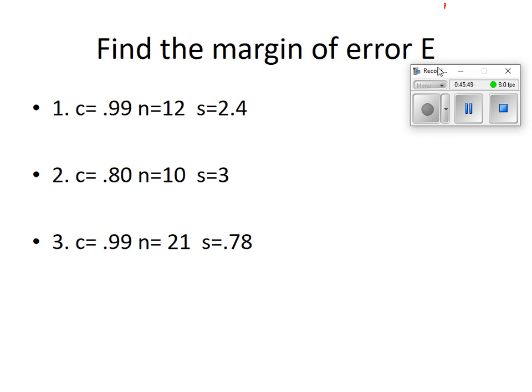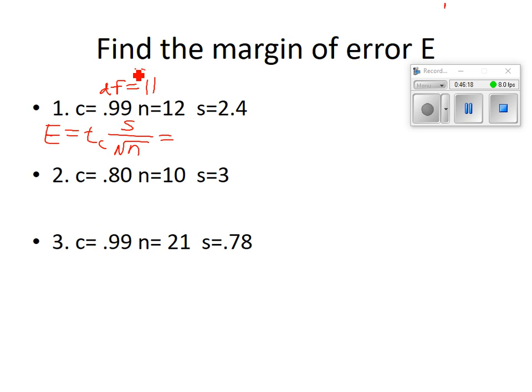On this, find the margin of error. To find the margin of error, we use the formula E equals t_c times s over the square root of n. First thing again you're going to need to do, find your DF. What's DF for this one? 11.